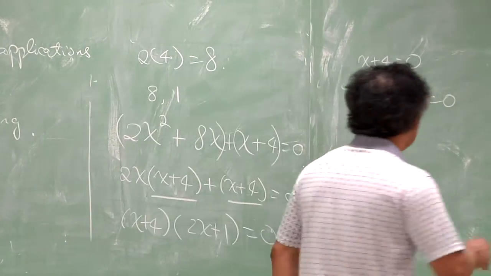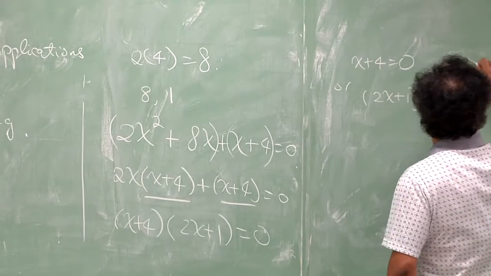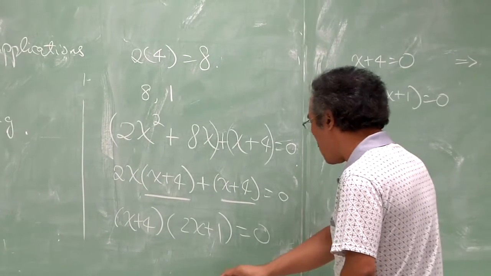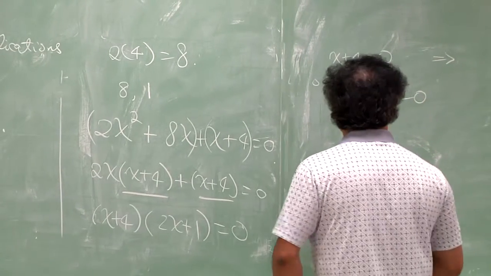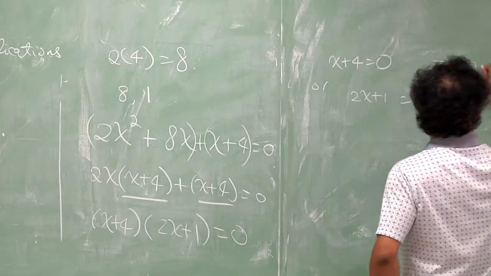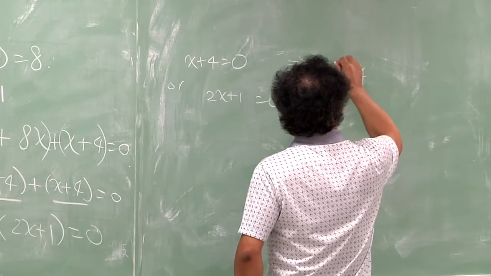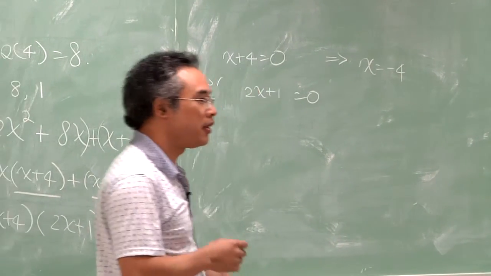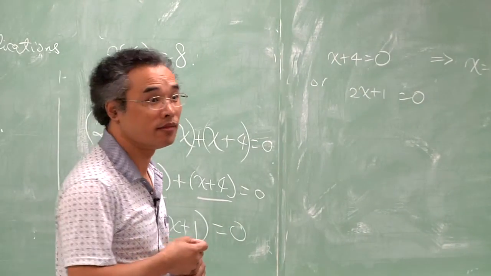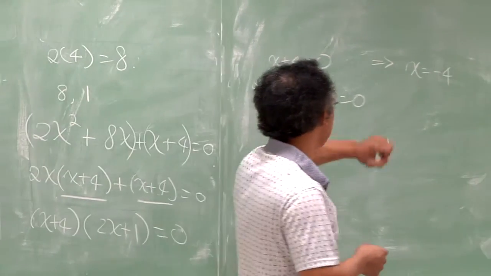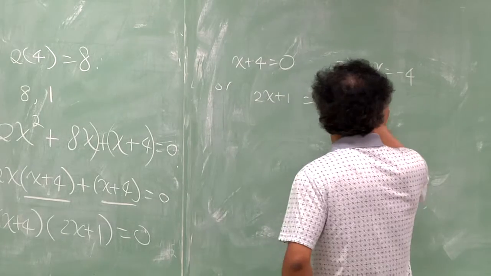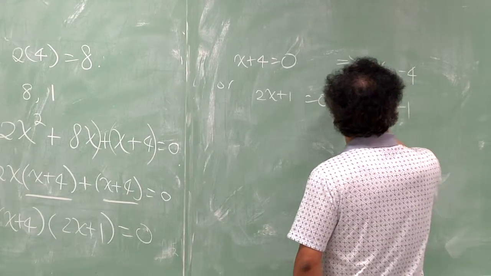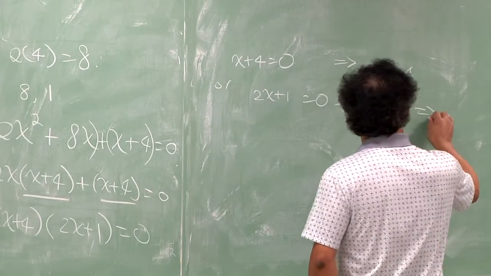These are easy to solve, we don't need the parentheses. Obviously we get x equals -4 from the first equation. To solve the second equation, you put the 1 on the right side, it becomes negative, and then you divide by 2.